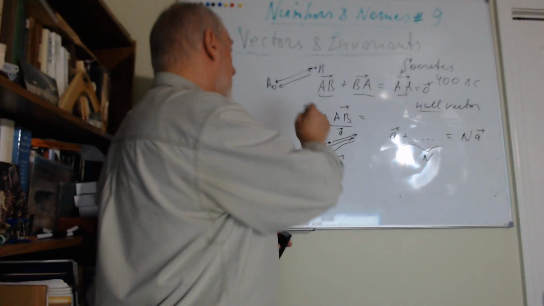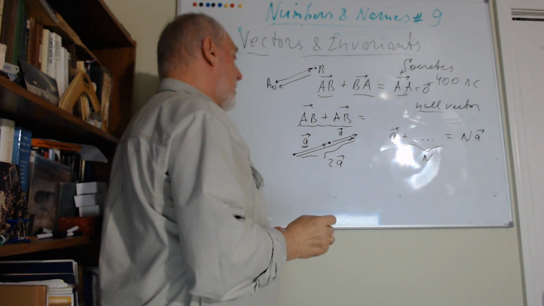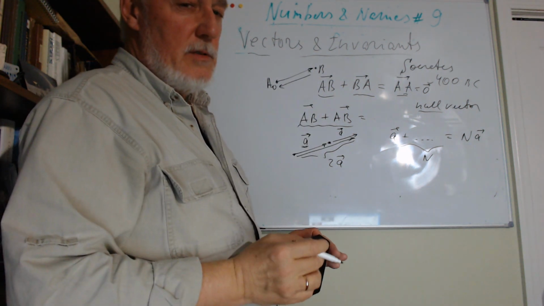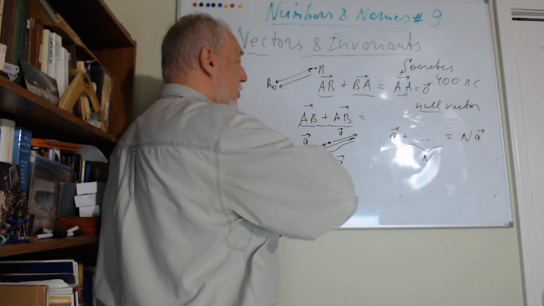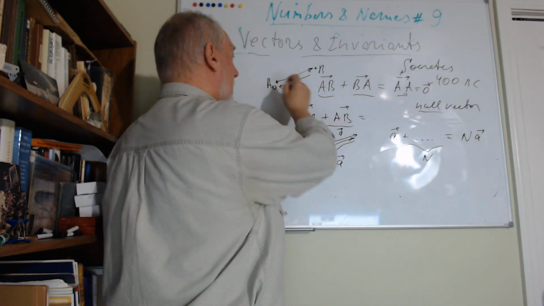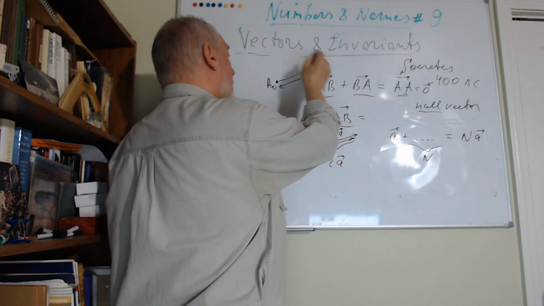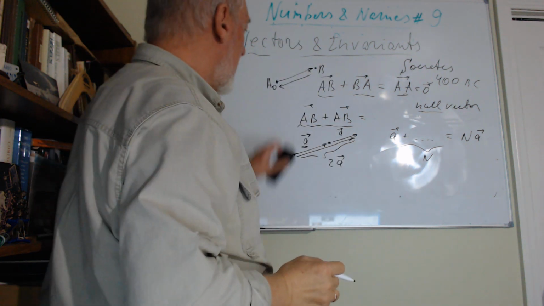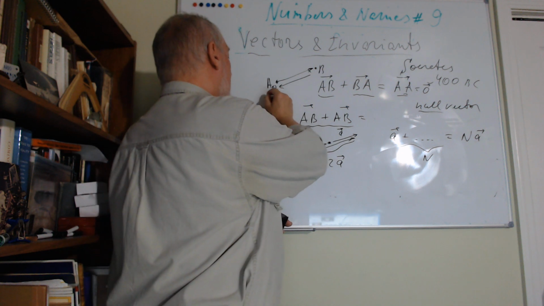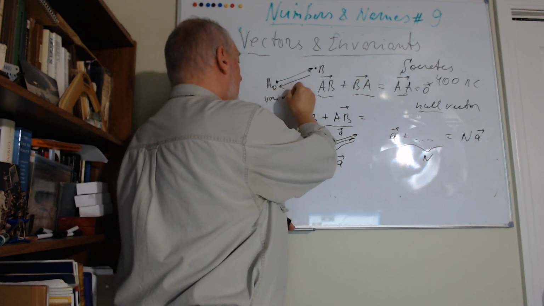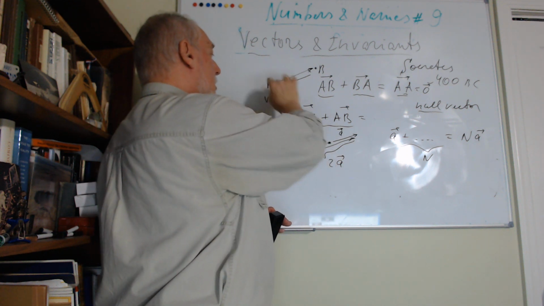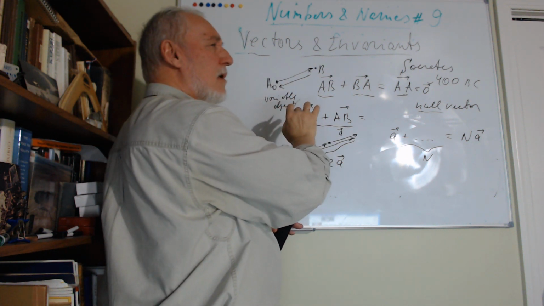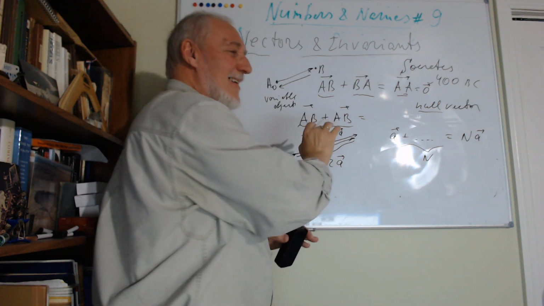So the vector is actually an operator. It's like a function that changes one number into another. Here the vector changes one object into another object, and the object can be taken as a variable.